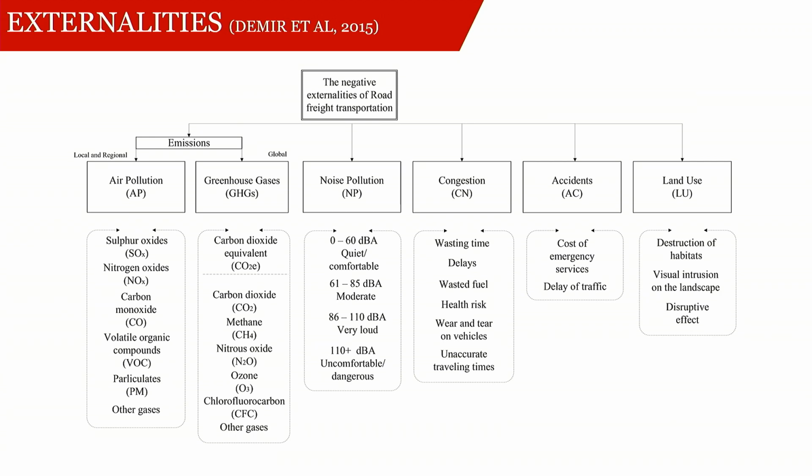And oftentimes an accident involving a truck is just a lot more severe than an accident involving two bicyclists. And lastly, we also have land use. For every airport that we build, for every road that we build, for every rail terminal that we build, that takes away some space. And that is of course also an externality on society in general.